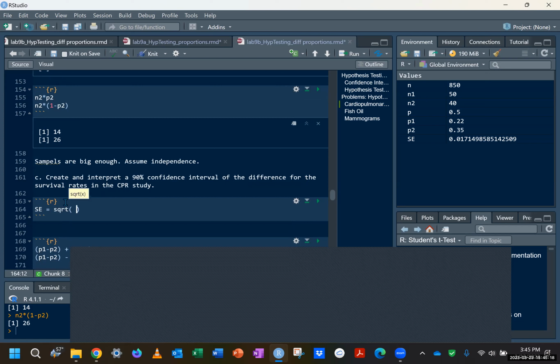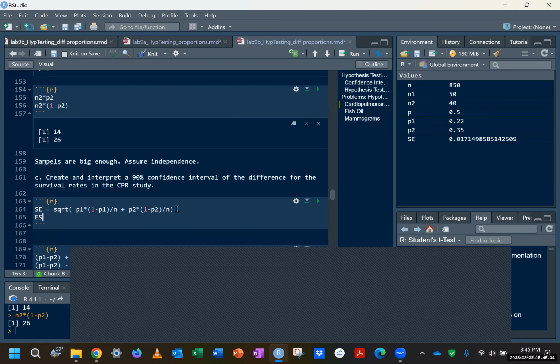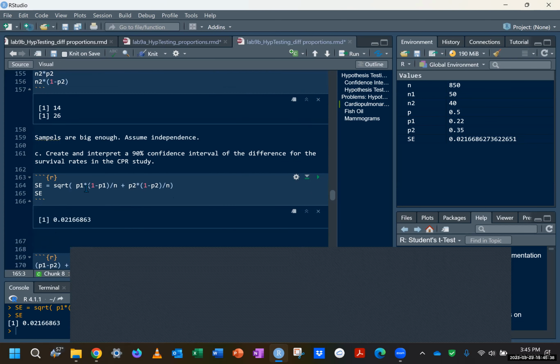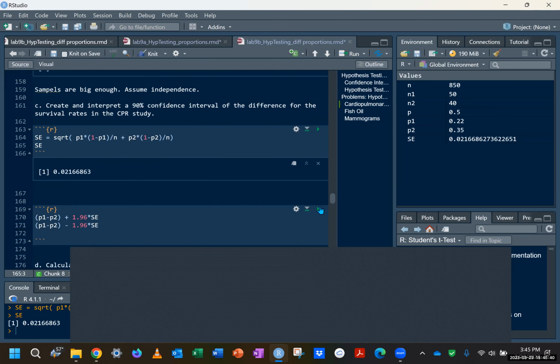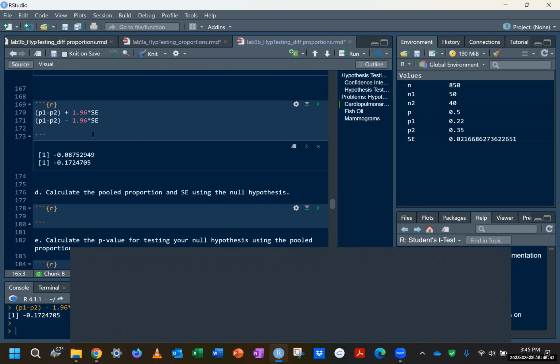The difference of proportions, we have to do P1 times 1 minus P1 over N. That is actually the variance for the first group. We're going to add it to the variance for the second group and then take the square root. Check that. Make sure that number makes sense. I did it correctly. That gives us our confidence interval, which says, ooh, there's a difference.